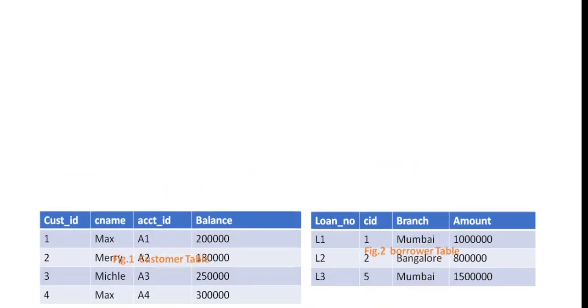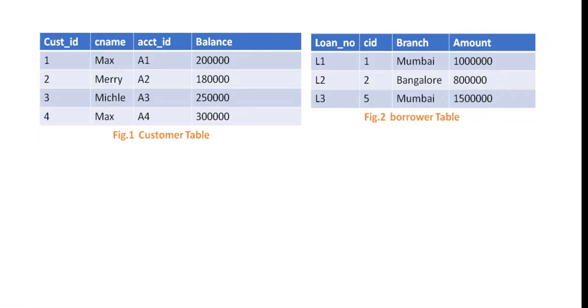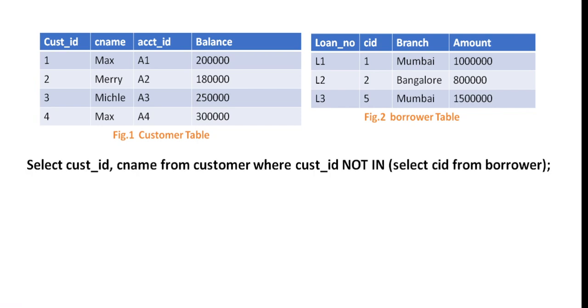Okay, now up till now we have seen comparison operators like equal to, greater than and in. Now let's see the not in comparison operator. I have two tables: a customer table and a borrower table.